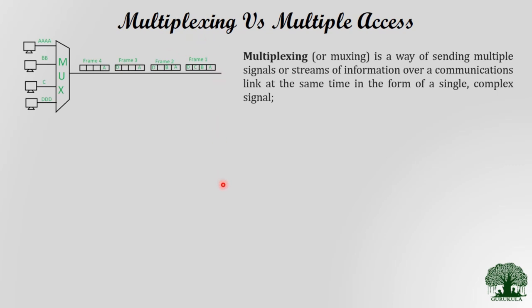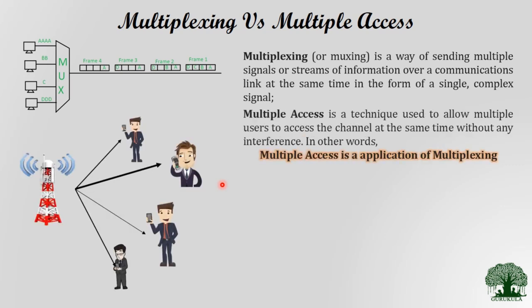Now, what is multiple access? We know that there will be a base station, and this base station will be shared between different users. So I should find a technique so that different users can access the channel between the base station and the mobile station simultaneously and without any interference.